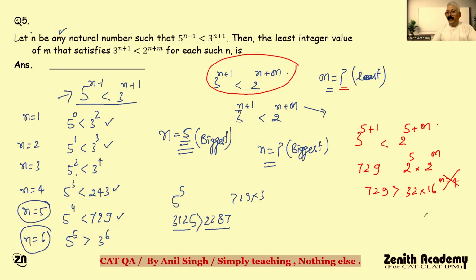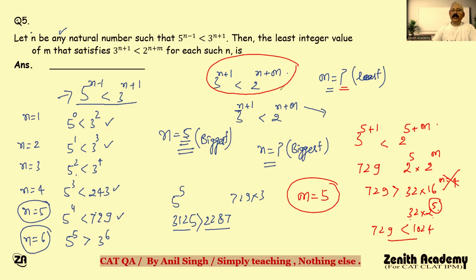Then if I take m is equal to 5, then 2 to the power 5 is 32, so 32 into 32 is 1024, and 1024 is greater than 729. This means for the smallest value of m, which is 5, this inequality is satisfied. So the smallest possible value of m will be 5, for the biggest possible value of n, which is 5, which I put. So the answer is 5.